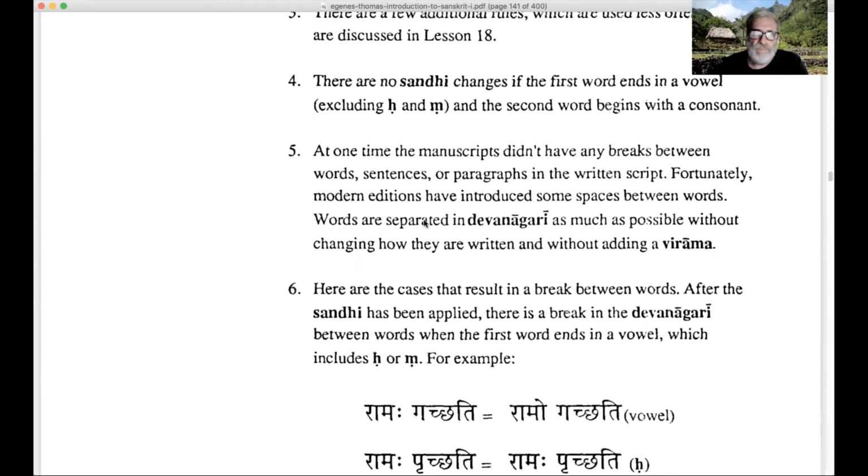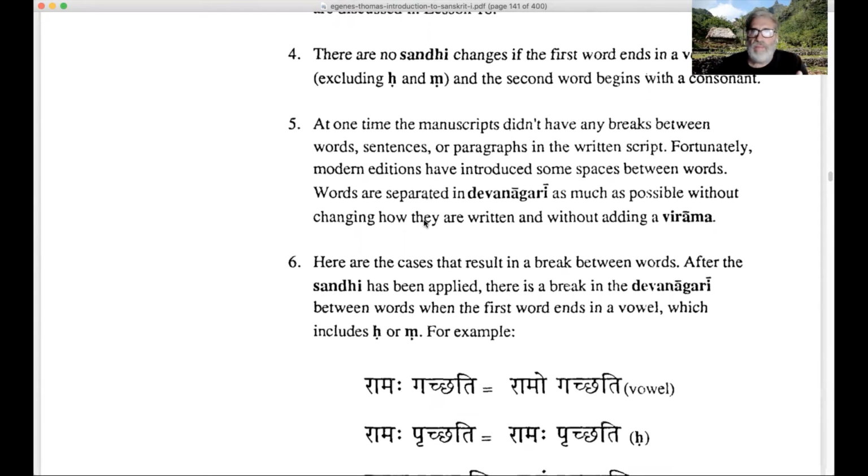They don't change. So at one time, the manuscripts didn't have any breaks between words, sentences, or paragraphs in the written script. If you go online, you can access some Sanskrit manuscripts written in different scripts, but mostly in Devanagari script, but also in other forms of Indic scripts.